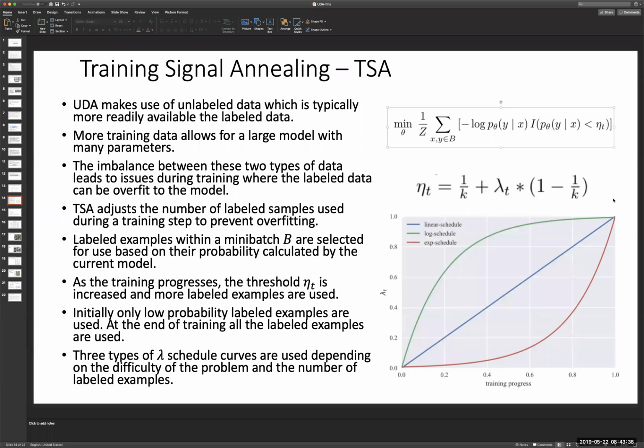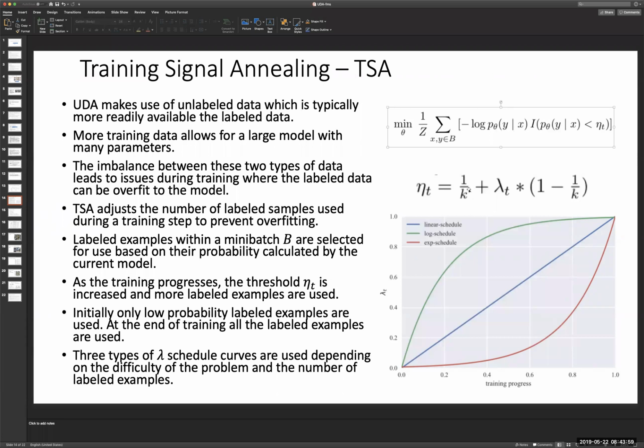And the effect of that is that NT changes as well. It goes from a low value of 1 over K. Now, K is the number of classes in a particular data set.